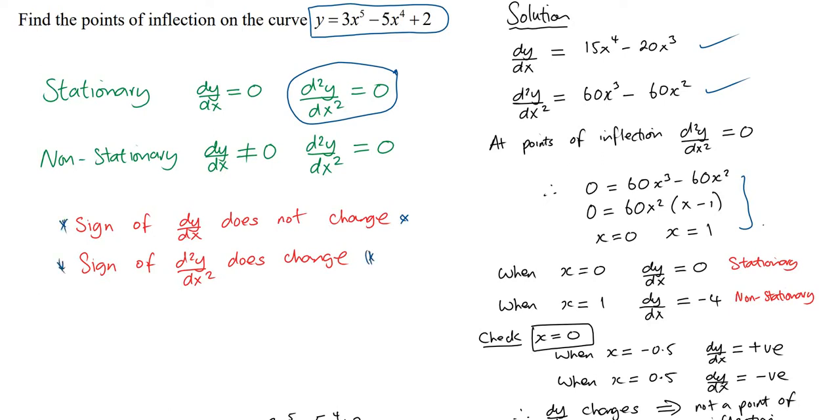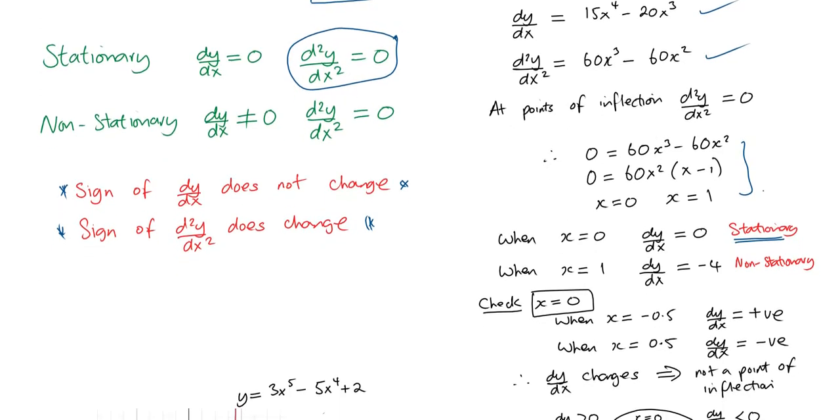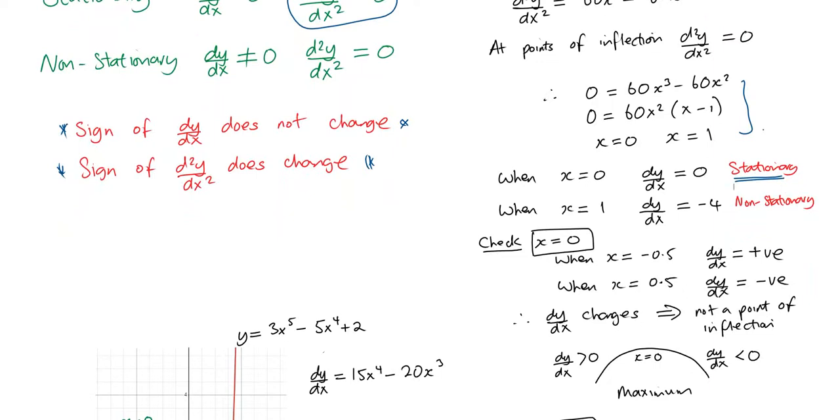When x equals 0 we find that dy by dx is equal to 0, so that means it's a stationary point as well. So we look either side of x equals 0 and we find that dy by dx actually changes.